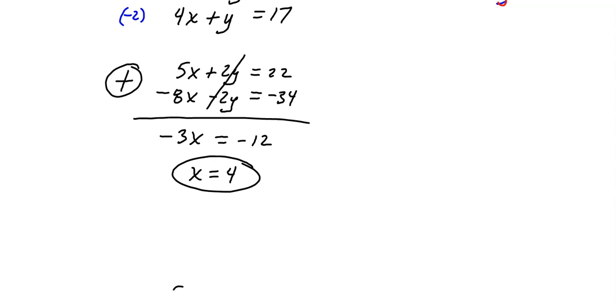So now, in the grand scheme of things, I have part of my answer. It's 4 plus something. Now to get y, I'm going to have to take this 4 and pick an equation to plug it into. So I'm going to plug it in right there. When I do that, I get 4 times 4 plus y equals 17.